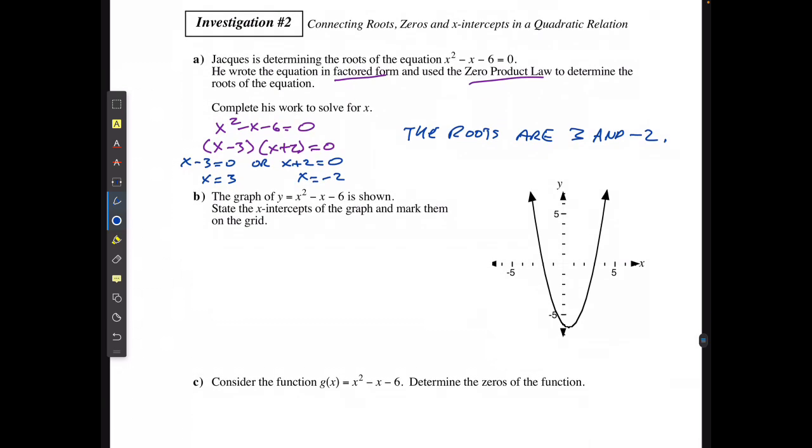For part B, they've done a graph of this, and they want us to state the x-intercepts and mark them on the grid. Well, here, I have the point of (-2, 0). Here I have the point of (3, 0), which means the x-intercepts are going to be -2 and 3.